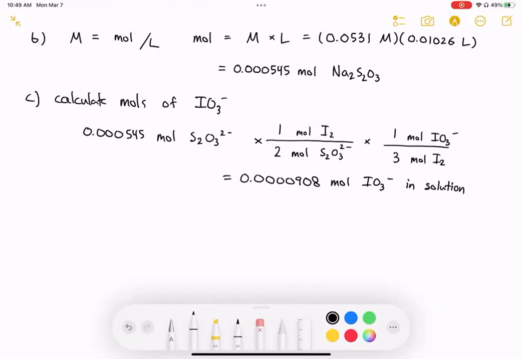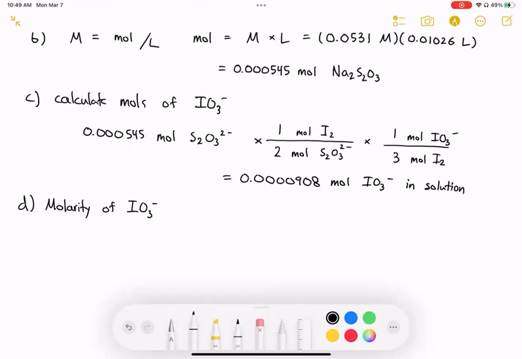So now D, we're going to calculate the molarity of potassium iodate. Or we could just leave it as not potassium iodate. We have to leave it as IO3 minus because there's two sources of the iodate ion now, potassium and calcium.